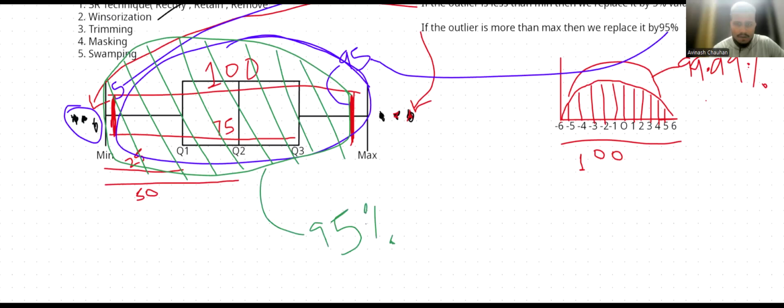We are replacing the outliers with this particular 95% of data.